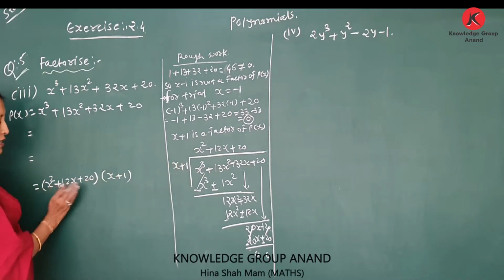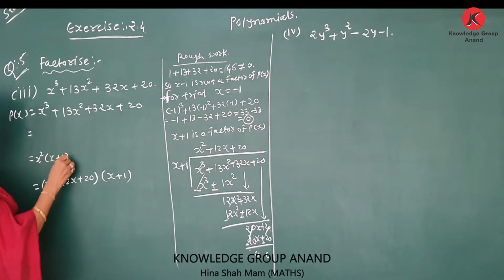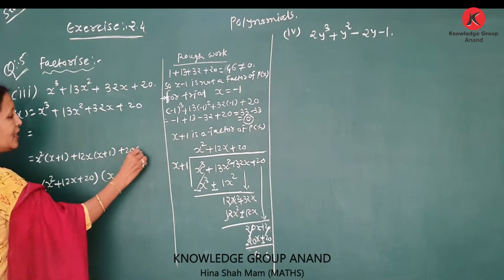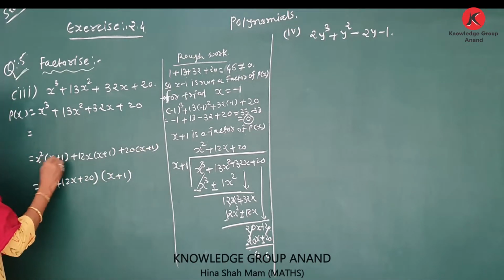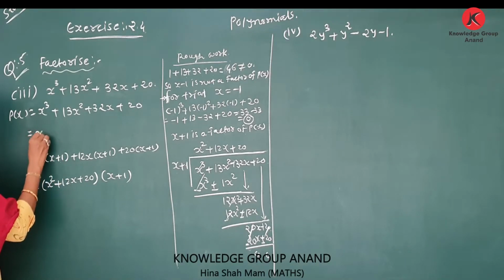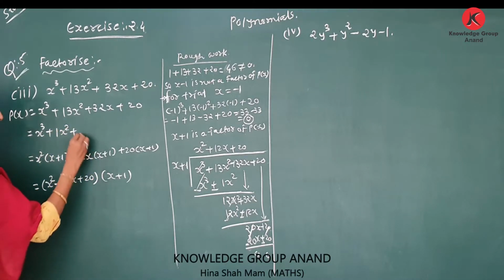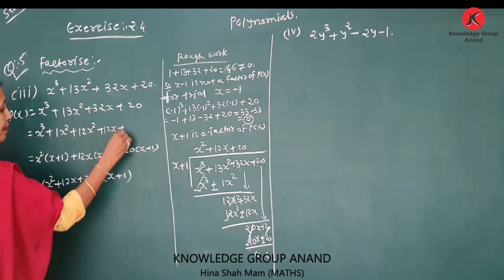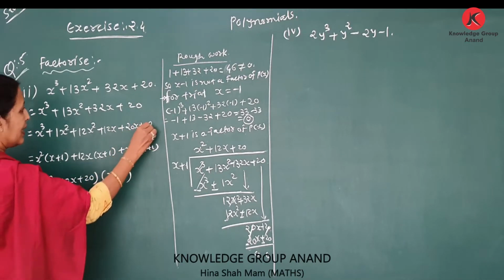Now multiplying these terms by x plus 1: x square into x plus 1 plus 12x into x plus 1 plus 20 into x plus 1. Now we multiply this polynomial: x cube plus 1x square plus 12x square plus 12 ones are 12x plus 20x plus 20 ones are 20.